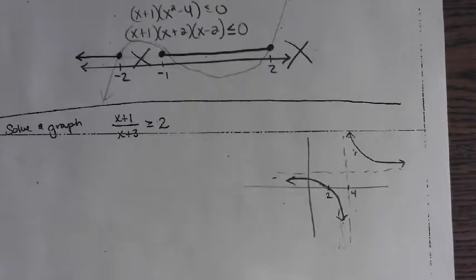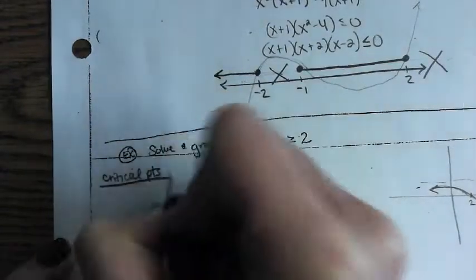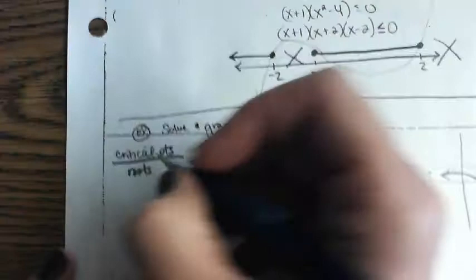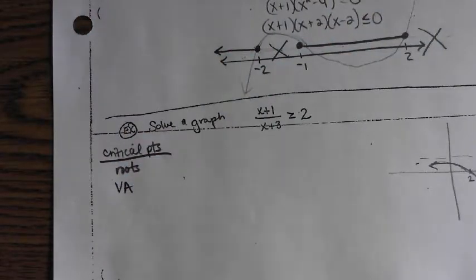They come from the roots, and they come from wherever your vertical asymptotes might be. Okay? So critical points come from roots and come from vertical asymptotes. And you have to test in and around both of those.